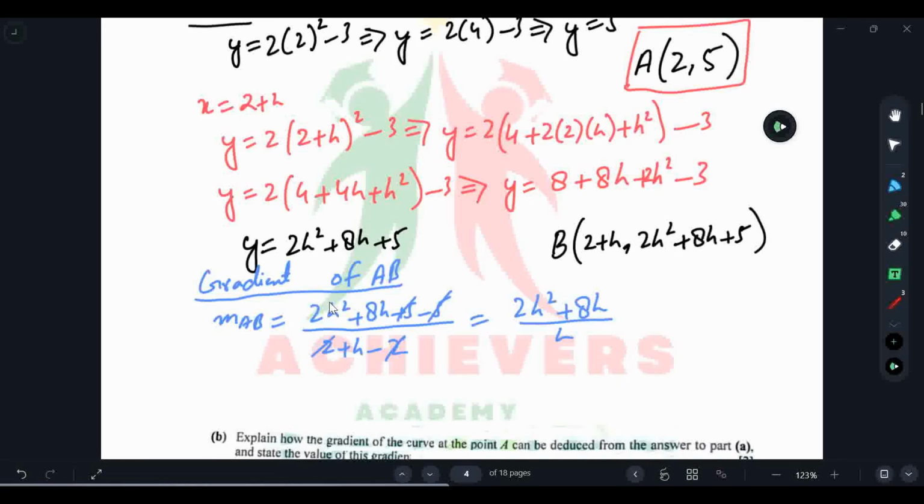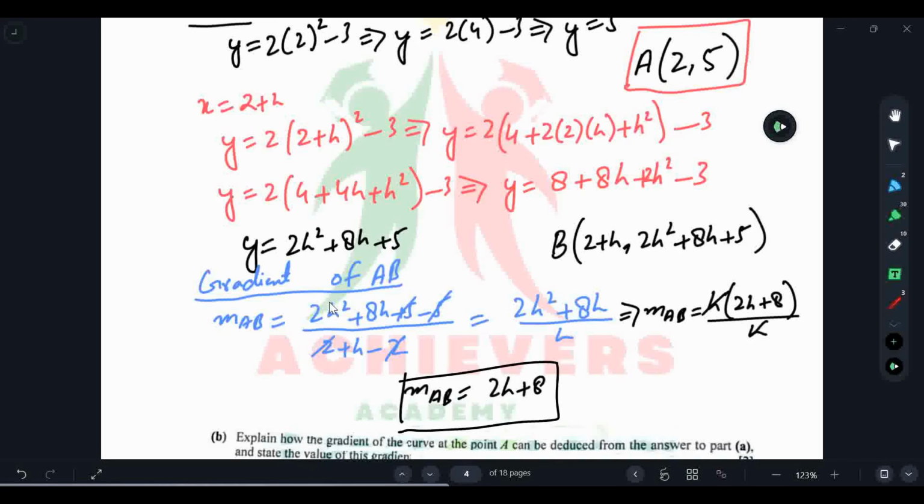Hence the gradient of AB will be equal to, taking h as common, 2h plus 8. Now we can cancel out these two, and our final answer will be 2h plus 8. This will be the final answer.